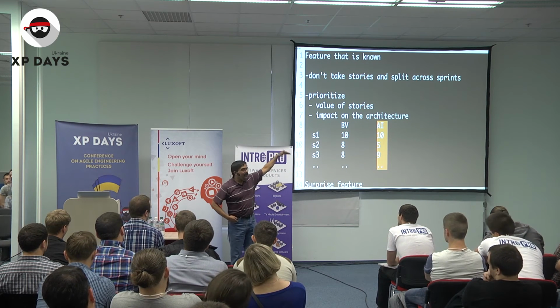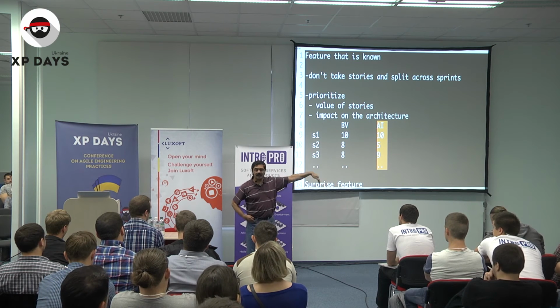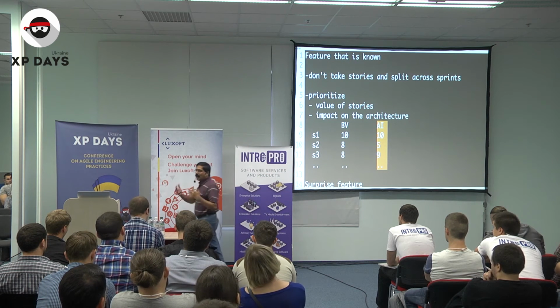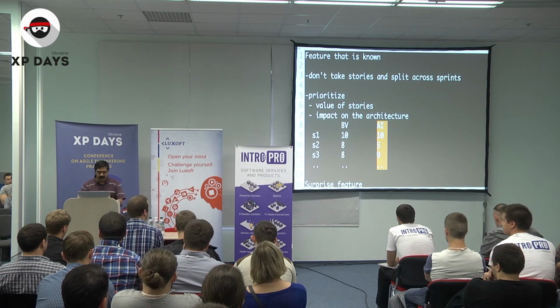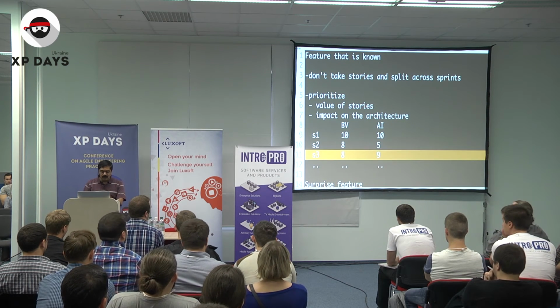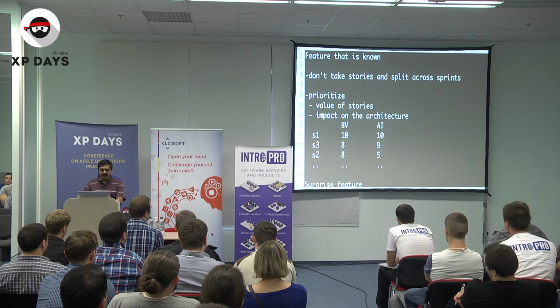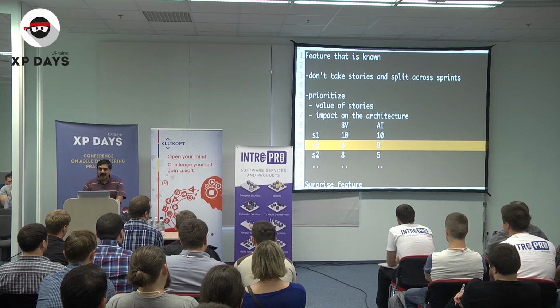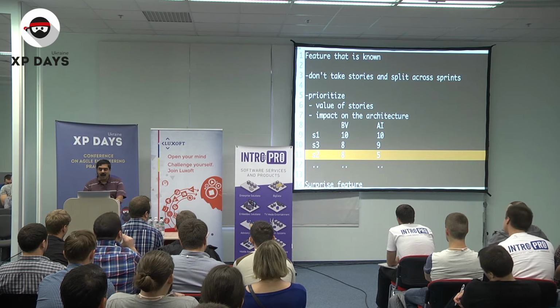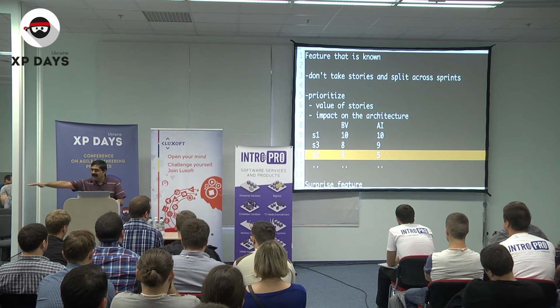So you say, here is the business value, here is the architectural impact. What am I going to do in sprint number 1, sprint number 2? What am I going to do early on in the project? I'm going to move what is high business value and high impact first. And anything that is low business value and low impact comes later.